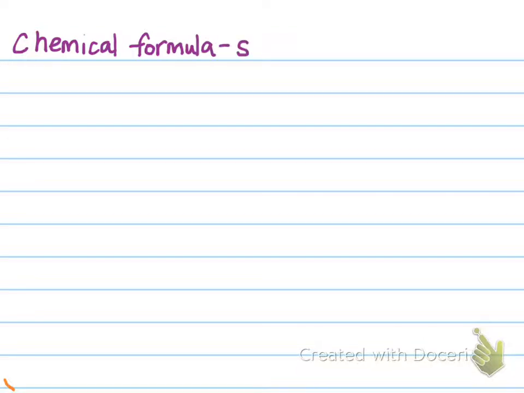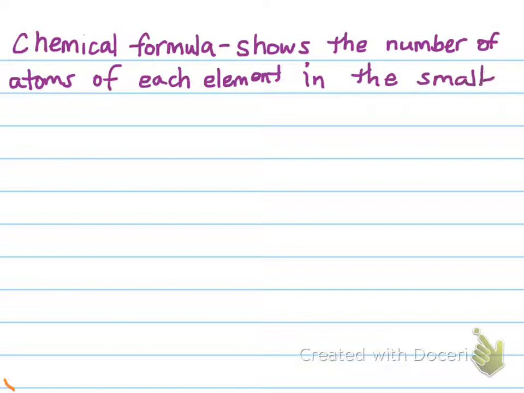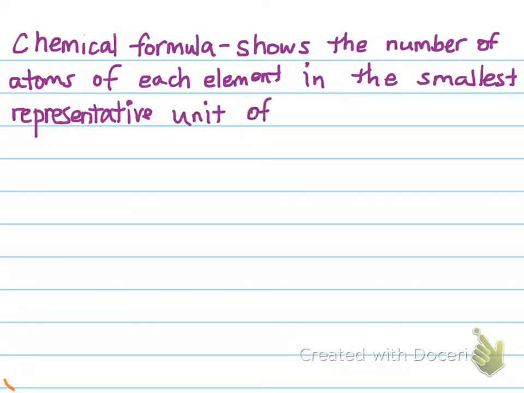A chemical formula shows the number of atoms of each element in the smallest representative unit of a substance.